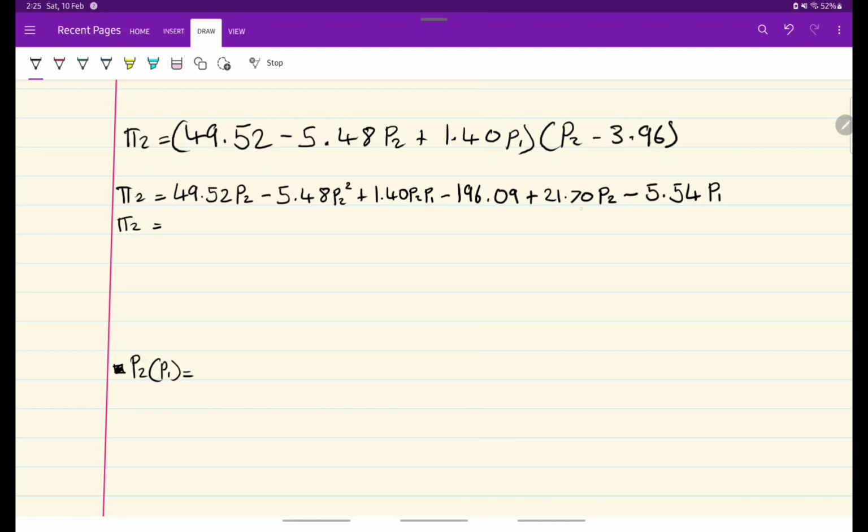And combining like terms, we have that and that, so that's plus $71 point.